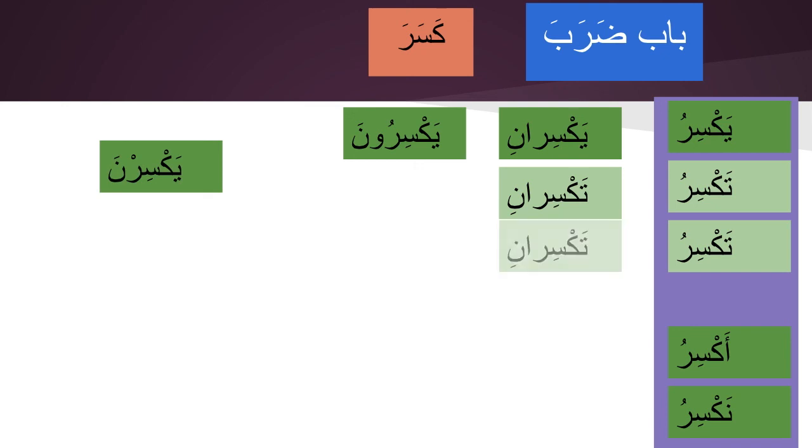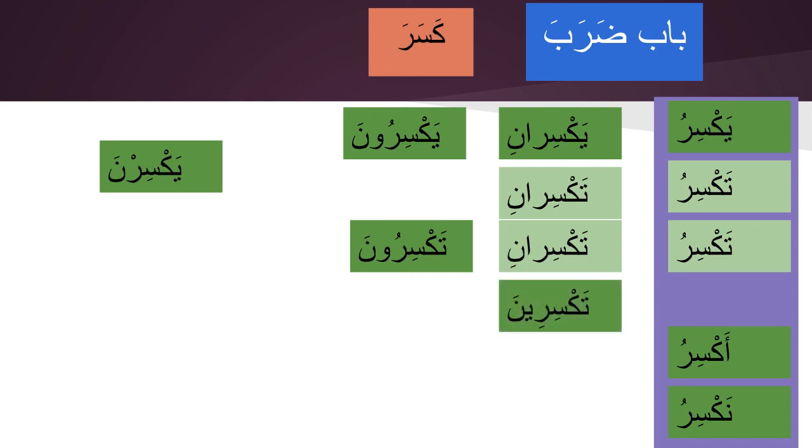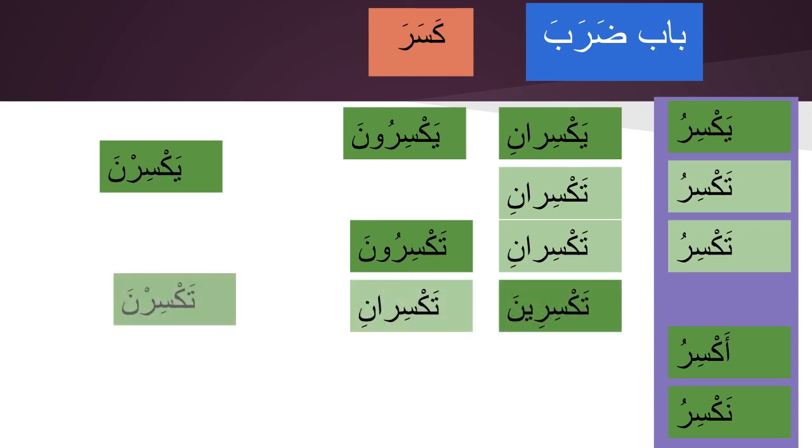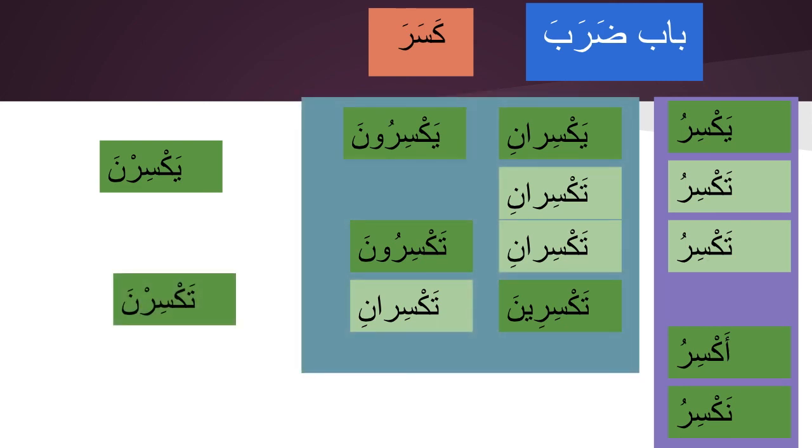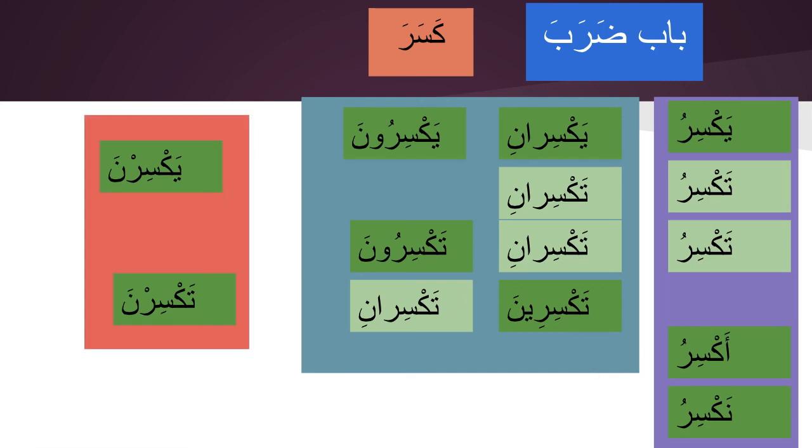Anta taksiru, antuma taksirani, antum taksiruna. Anti taksirina, antuma taksirani, antunna taksirna. Ana aksiru, nahnu naksiru. So that's the 5 in your pocket. Noon aata hai, noon jata hai, and mabni group.